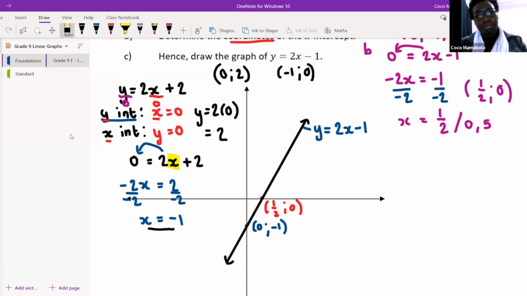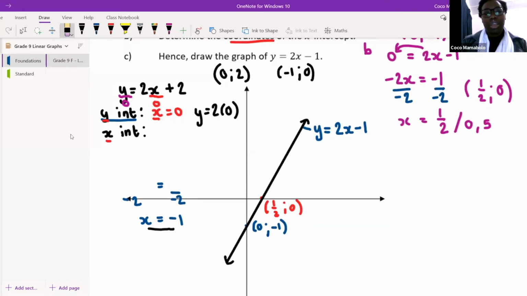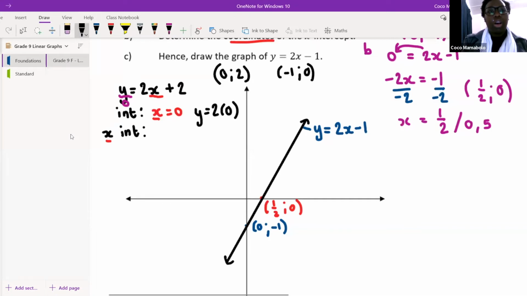Sorry, can you please explain the y-intercept again, if you don't mind? Not an issue at all. Okay, we'll take it slowly. Don't go away. Okay, so when we're looking at the y-intercept. Oh, there's Mahlatse. Hi, Mahlatse.